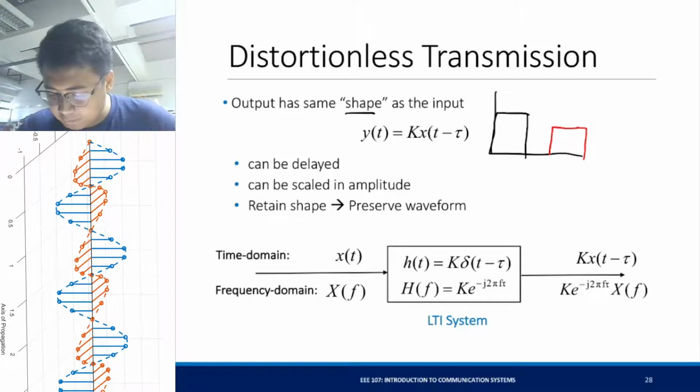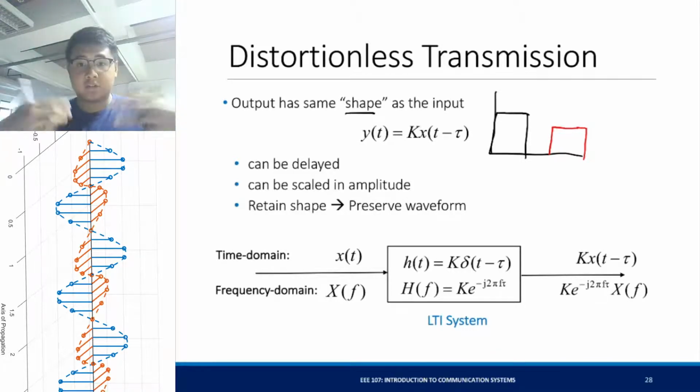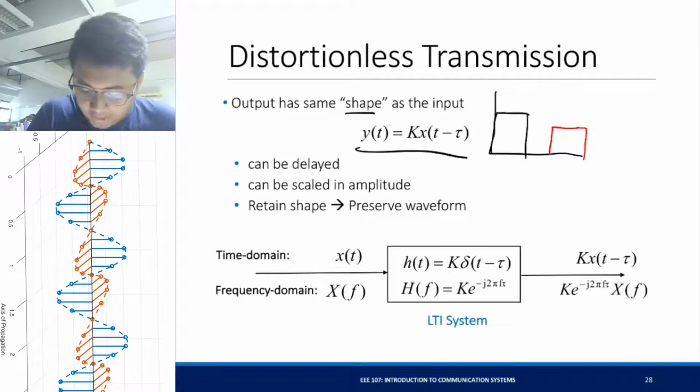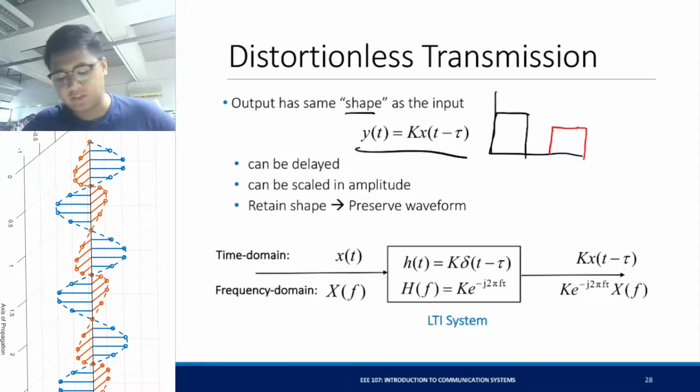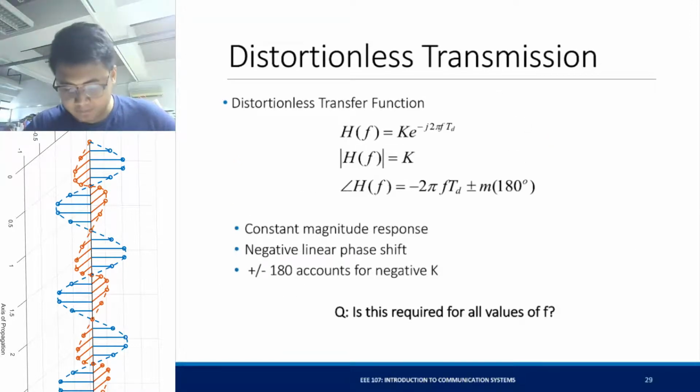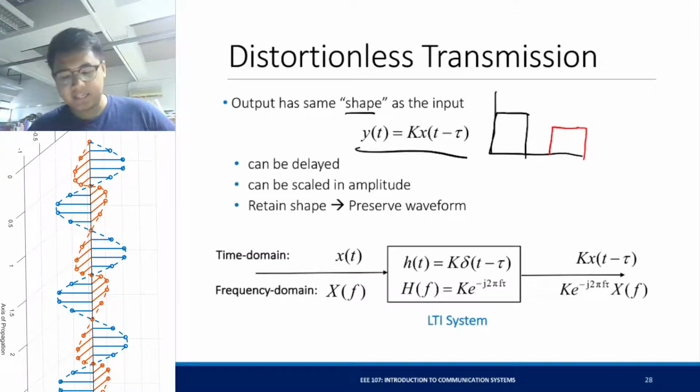So, in mathematical terms, you want your output y of t to be equal to k times x of t minus tau. So if your response is delayed and scaled in amplitude, as long as the shape is the same, then we can say that the transmission is distortionless. And this is when we achieve a perfect communication. So a perfect communication arises from distortionless transmission.